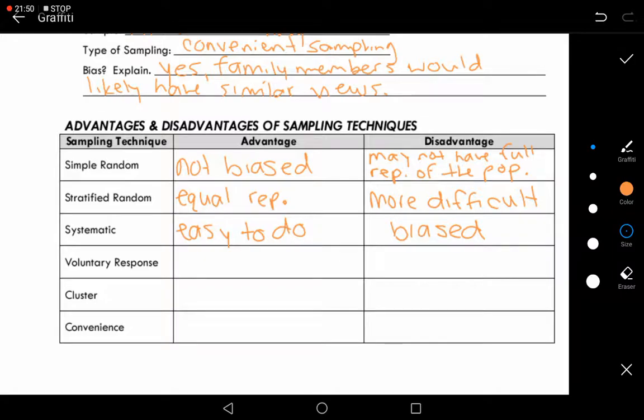Voluntary response. Again, this is when you volunteer to answer a survey. An advantage to this one is that if you choose to do it, you're probably giving honest input or honest answers.